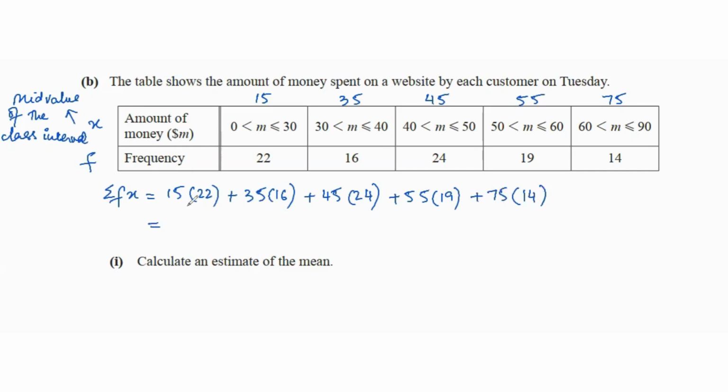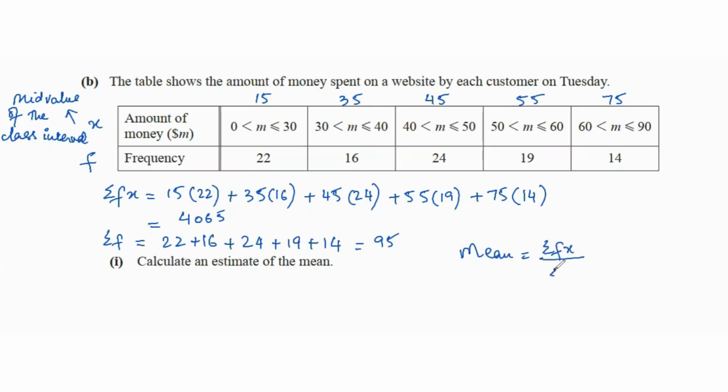So that's going to equal 4065. Sigma f is going to be the sum of frequency. So that's 22 plus 16 plus 24 plus 19 plus 14. That's 95. So mean is going to be sigma fx divided by sigma f, which is 4065 divided by 95, and that is going to equal 42.8.